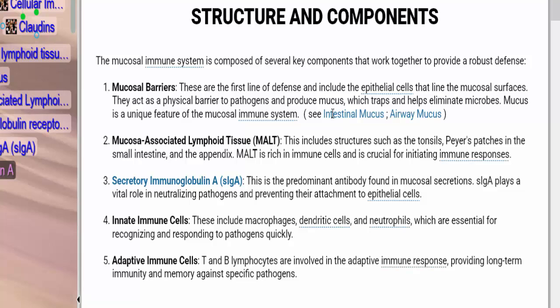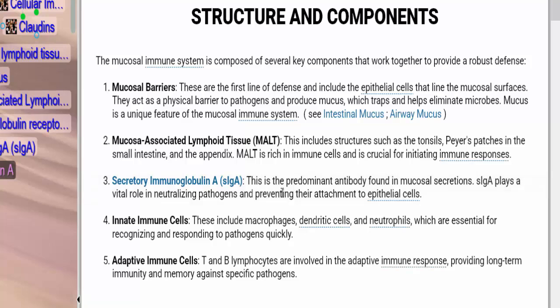And you'll see here, if you want to go directly to intestinal mucus, you can click on this hyperlink, or the airway mucus. It has mucosal-associated lymphoid tissue. We call that MALT. And that includes the tonsils, the Peyer's patches in the small intestine, the appendix. It's rich in immune cells and crucial for initiating immune responses.